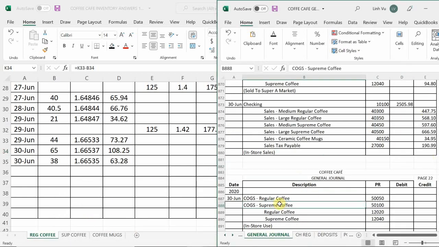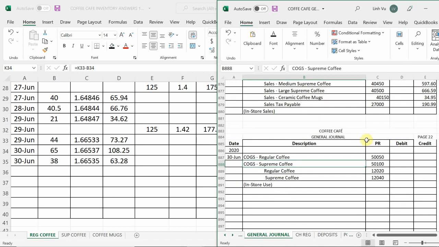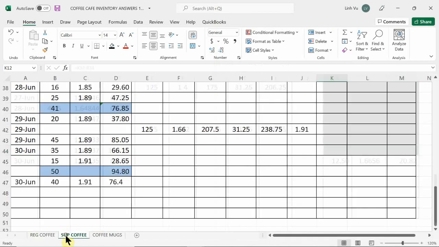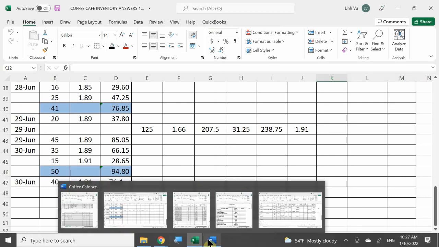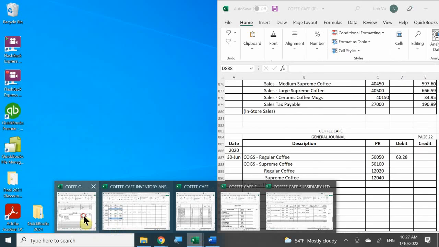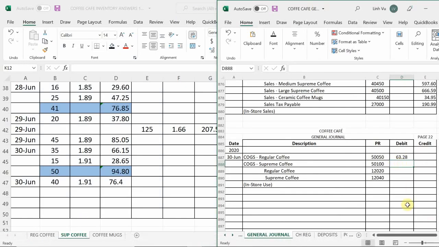We're on the new page here. 63.28 for the regular. 76.40 for the Supreme. And once again, in-store use.